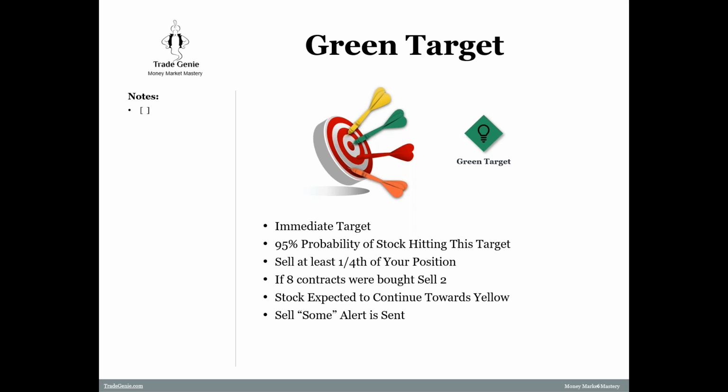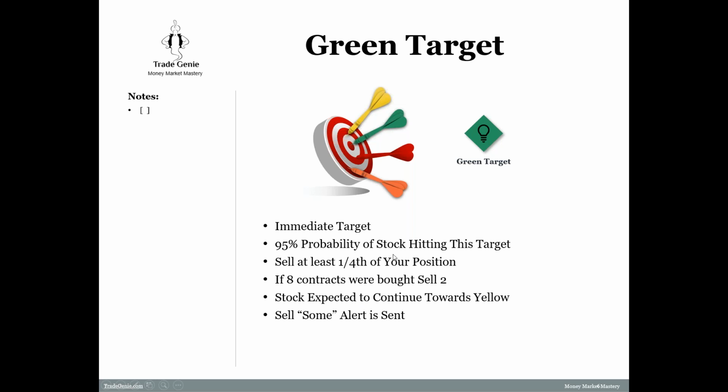If you are overexposed, then maybe you sell. But if you have the proper exposure in that position, then go for the yellow target because that's the optimum target. But if you averaged down, and instead of $2,000 in the trade, now you have $3,000 in the trade, then when the green target hits, you say, okay, I'll reduce my exposure by selling 2 contracts.